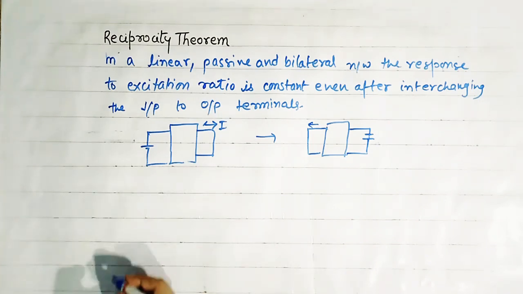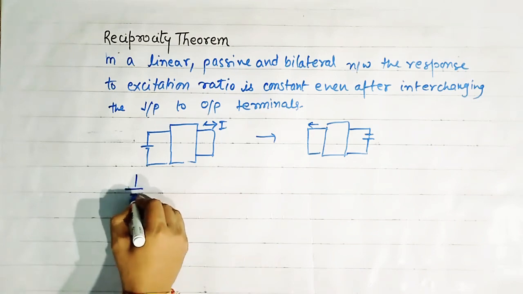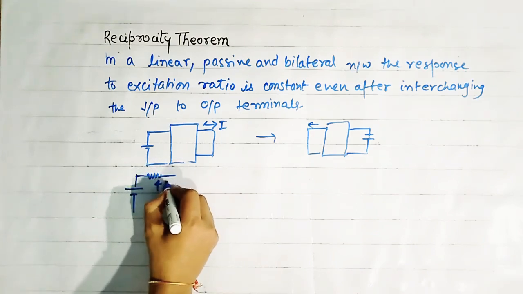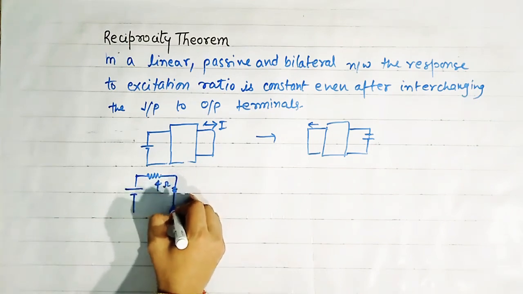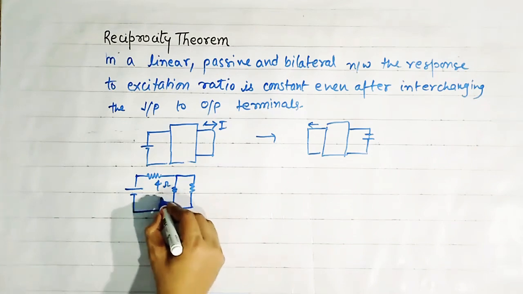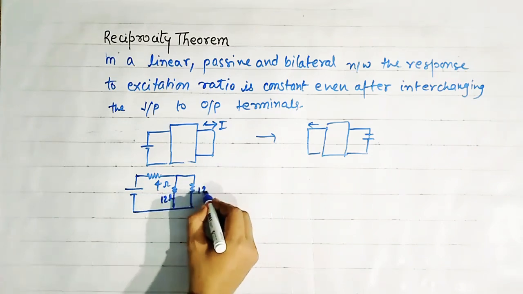So if we take some practical circuit, see, this is a 10 volt source, this is 4 ohm resistance, and these two are 12 ohm resistance, suppose.